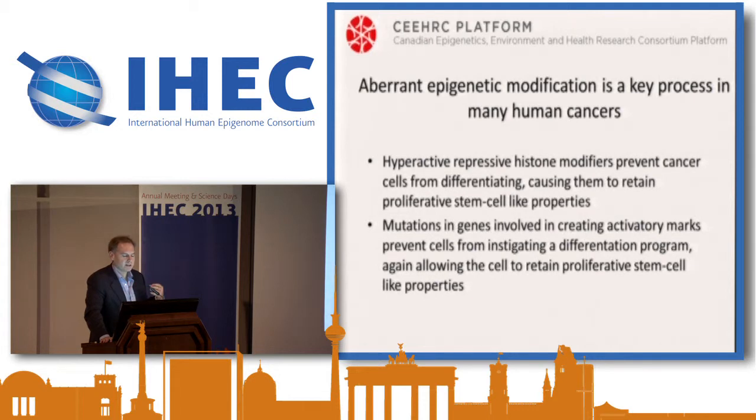We also see mutations in genes involved in activatory marks, because instead of repressing differentiation pathways, what these mutations are doing is preventing the activation of differentiation pathways. So they're doing the same thing, just in different ways. They're keeping these cells in proliferative, stem cell-like states.